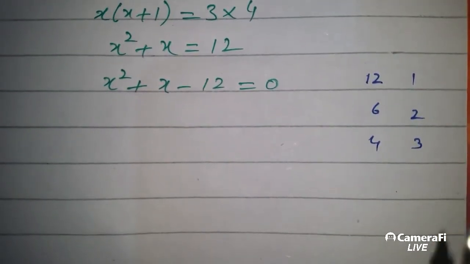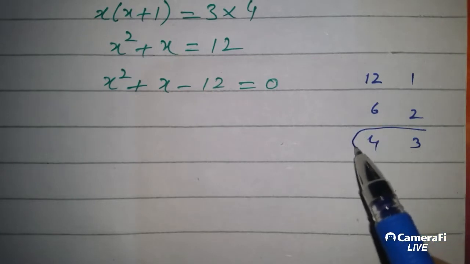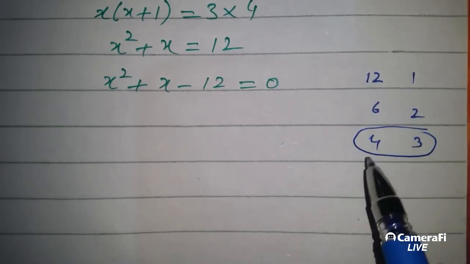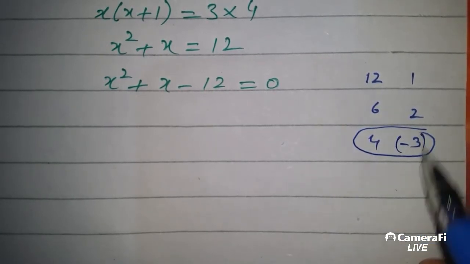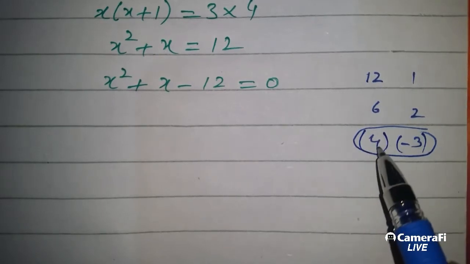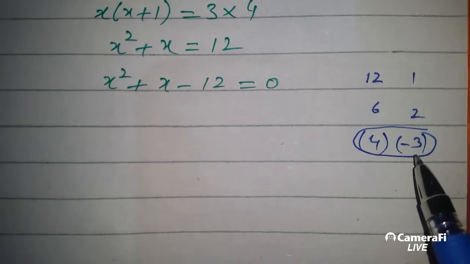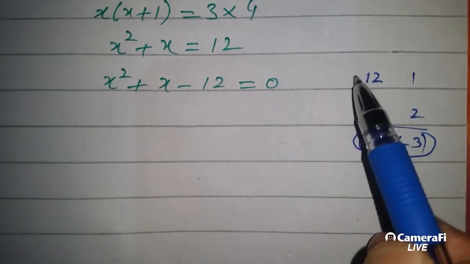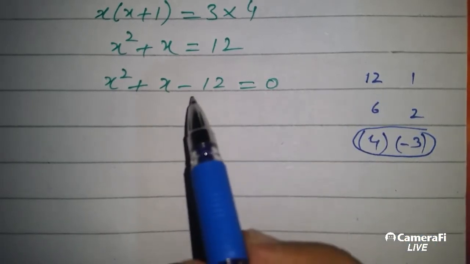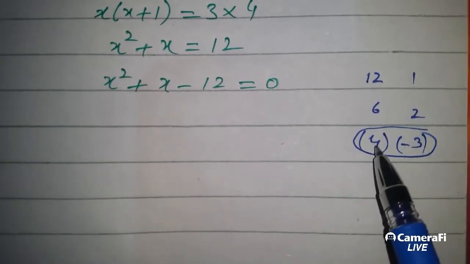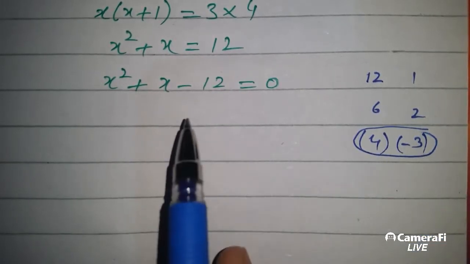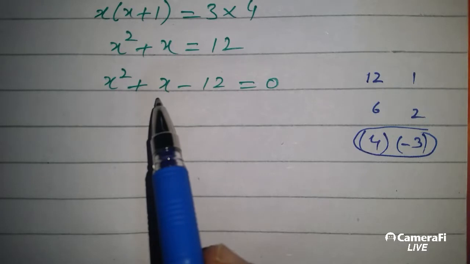We should take this pair as factors. When 4 is multiplied by minus 3, we get minus 12. That is the requirement. And when 3 is subtracted from 4, we get 1x.